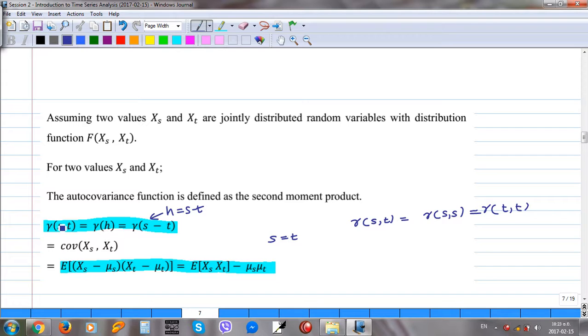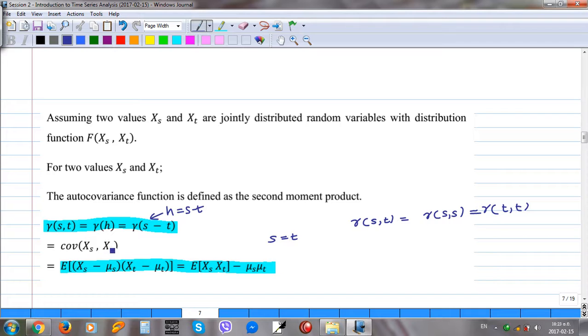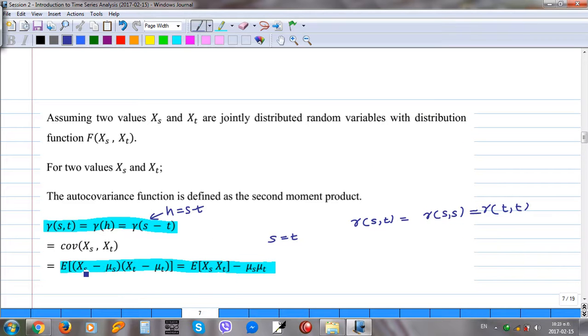Instead of s you can write t, and instead of t you can write s, because these two are equal. That is why it is written there. Then x t, since t equals s, becomes x s, so again you can substitute x s minus mu s, then x s minus mu t.